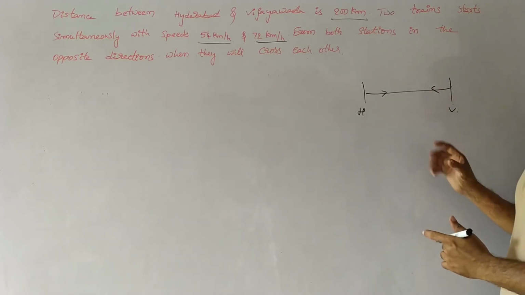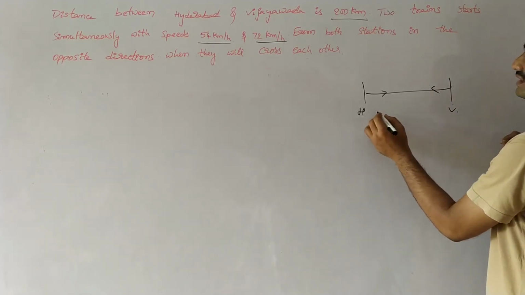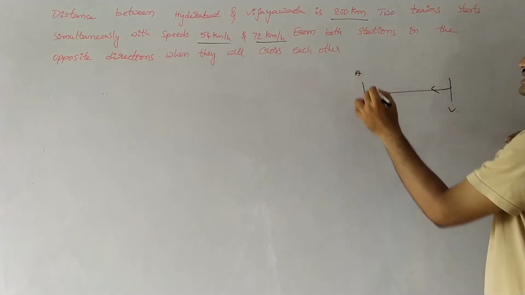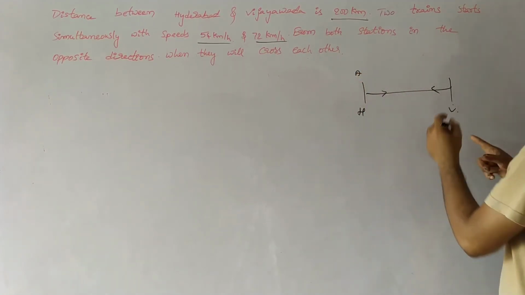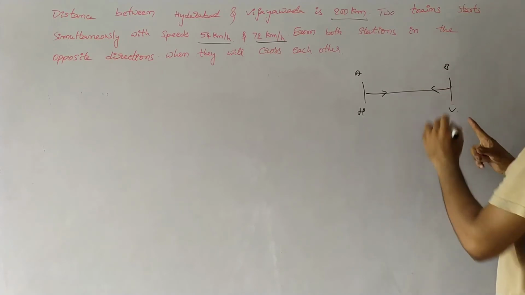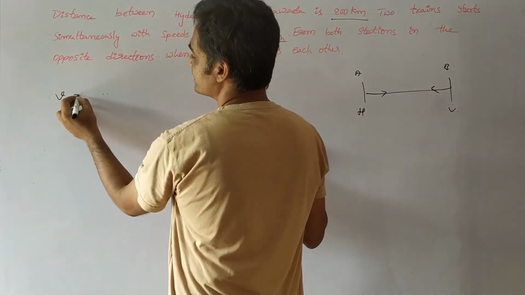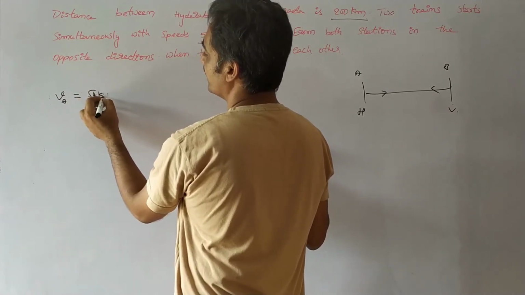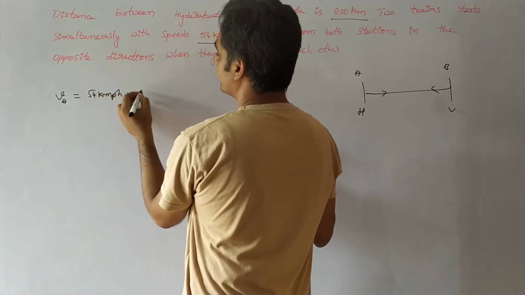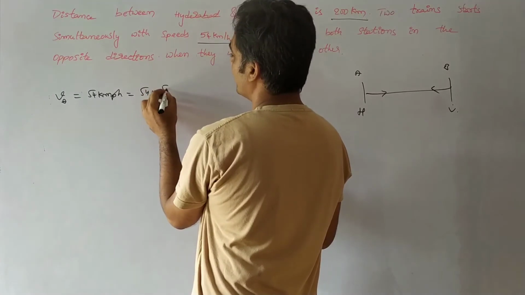As the two trains are traveling in opposite directions, let us consider the train which started at Hyderabad as A, and the train which started at Vijayawada as B. The train A has started with a speed of 54 kmph. Then we can write it as 54 into 5 by 18. Why?